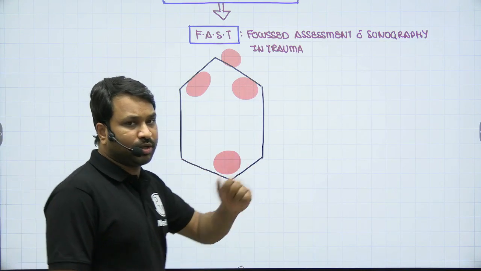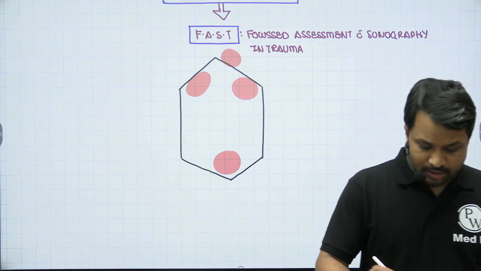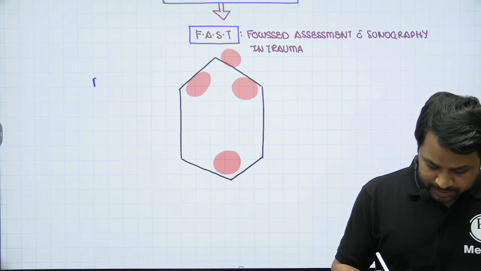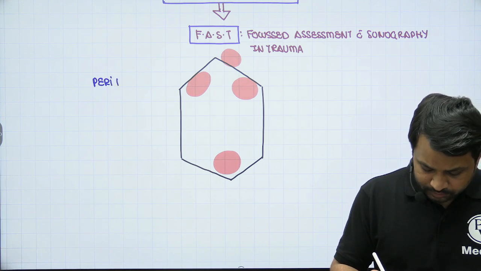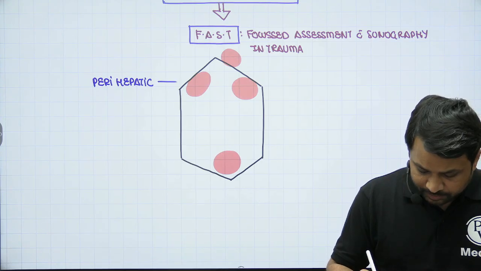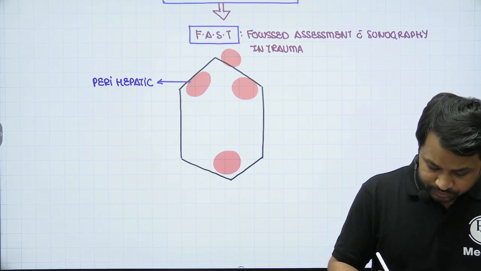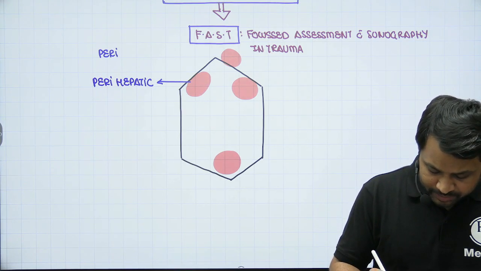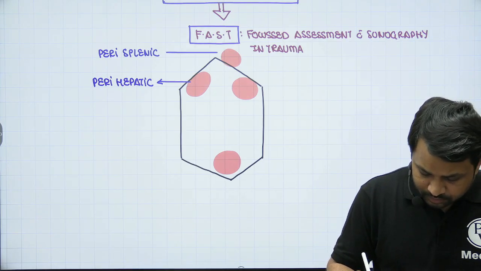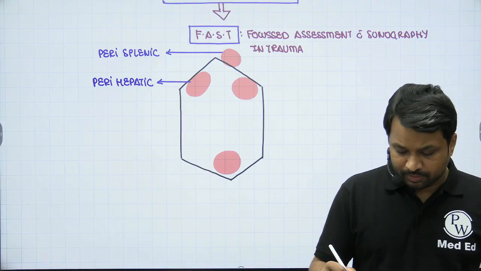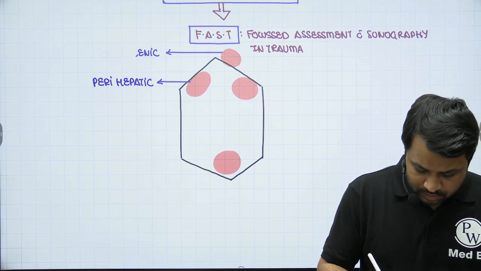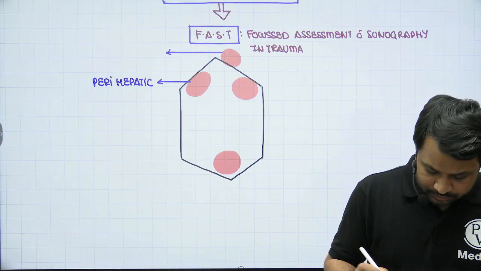You take the ultrasound and jump right at it. So what are the sites you're going to look into? The first one is perihepatic. Then you have perisplenic. Sorry, this is the pericardial.